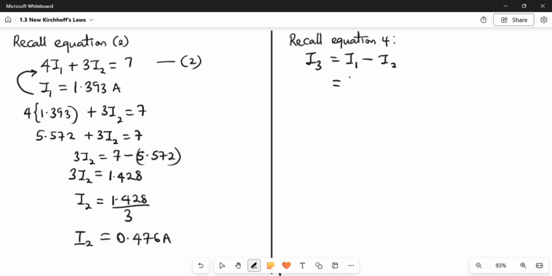Recall I1 is 1.393 ampere. I2 is 0.476 ampere. So that I3 will eventually give us 0.917 ampere.